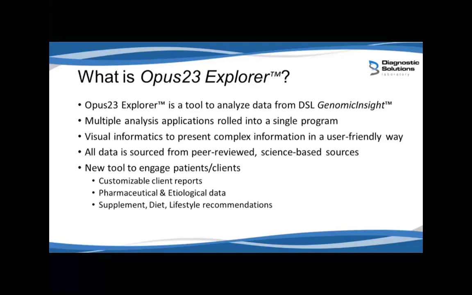And one of the amazing things about the reports too is that whenever you pick out a specific gene or a specific SNP to focus on with someone, it always ties in, okay, this is why Dr. such and such is recommending magnesium. It's because of this effect on this gene. And so a lot of times it takes the guesswork out of people for why they were recommended one supplement or one lifestyle change over another.